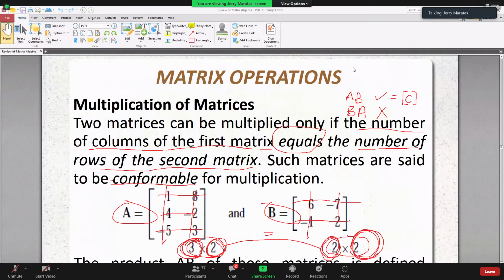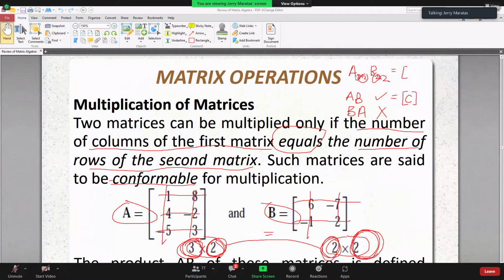Let's go back. A, what's the size of matrix A? 3 by 2. Okay. Matrix B is 2 by 2. The last number of the first and the first number of the second are equal, so meaning they are conformable. Now, what should be the size of the resulting matrix?